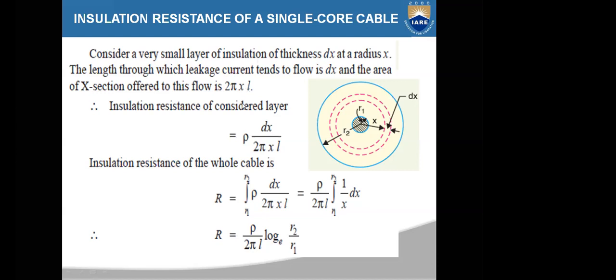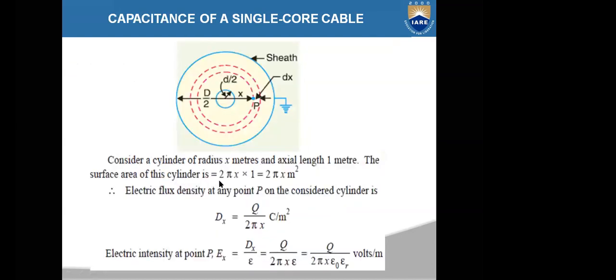This will be like a cylinder, and as it is a surface area, the units are meter square. Now, what is the electric flux density at point P?